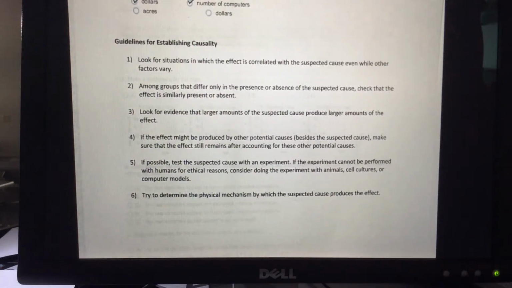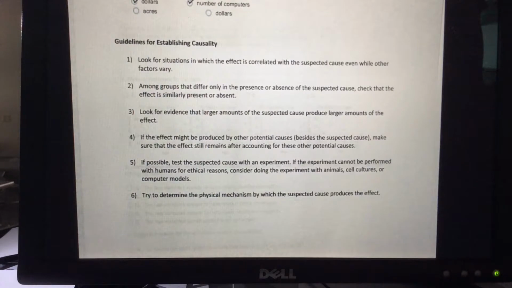Okay. And then number 2, among groups that differ only in the presence or absence of the suspected cause, check that the effect is similarly present or absent. And then number 3, you want to look for evidence that larger amounts of the suspected cause produce larger amounts of the effect.